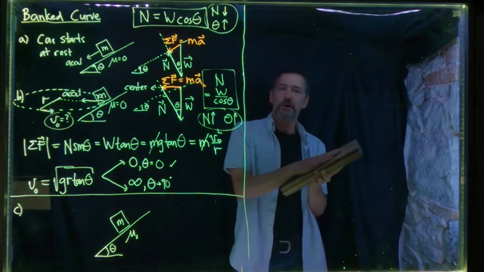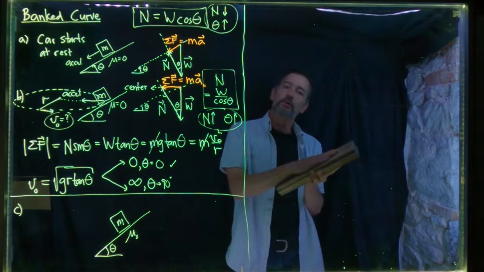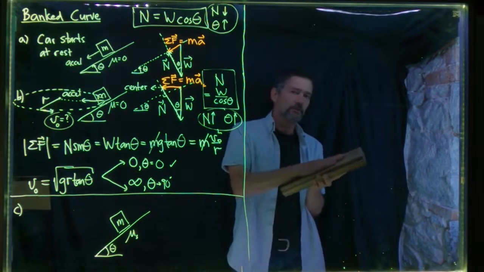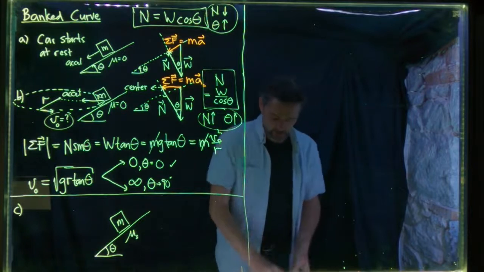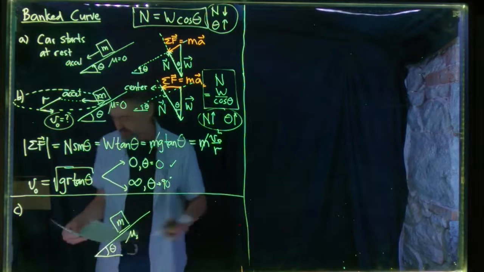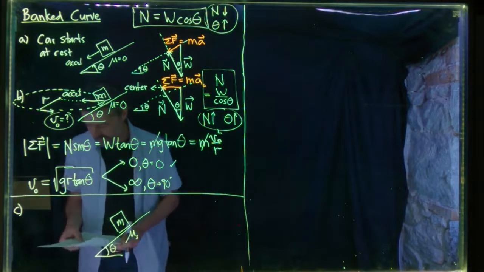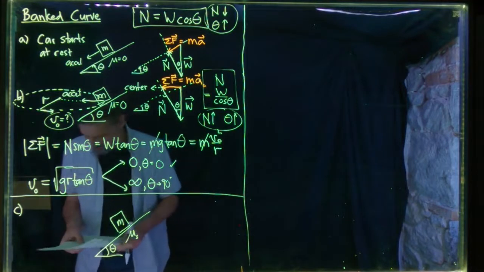There's no formula for static friction. You have to solve the dynamical equations. But you do have a formula for the maximum static friction, which is mu s times the normal. So I'll come back to that in a second. So we're dealing with static friction, not kinetic friction. Very important, because every time the rubber hits the road, it is at rest with respect to the road. There's no sliding happening. Okay, so we got that.